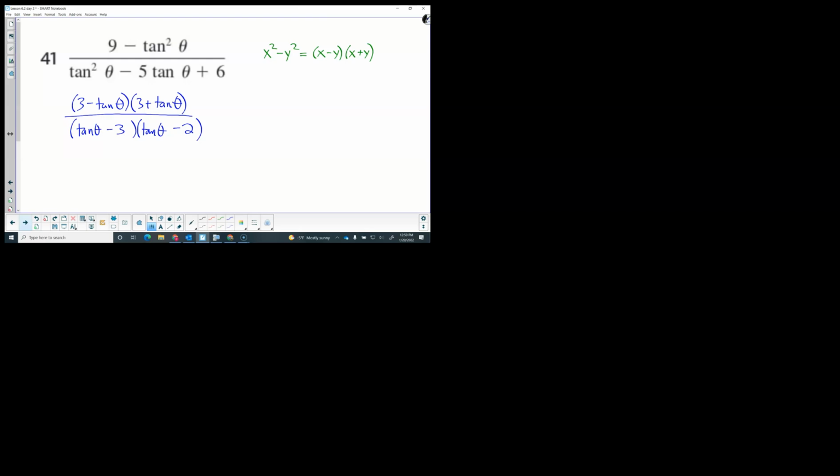And I like the way this looks. Now one slight thing here is this looks almost the same as this, but they are different. You can see that the expression on the top that's highlighted has a +3. The expression on the bottom has a -3. So let me rewrite that numerator. I'm going to pull a -1 out of that factor. So that would give us a -3 plus the tangent of theta.